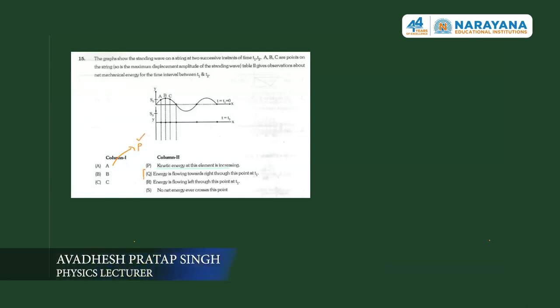Now there are three different points he is making. First, the flow of energy is towards the right at time t1. But energy is moving in the leftward direction at t1 from this point A. From t1 to t2, energy will cross, so obviously option S cannot be correct. Now it comes to Q and R, to analyze in which direction the energy is crossing. There are a lot of ways you can observe it; think the way you find it to be fine.